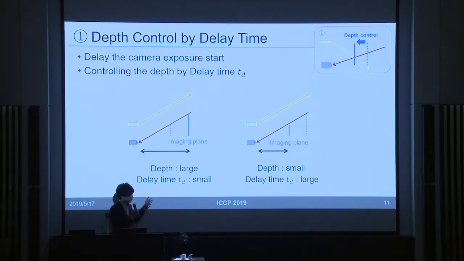As shown in the left figure, the camera starts scanning after a certain time has passed since the projector starts scanning. Then the imaging plane is formed at a specific depth. As shown in the right figure, the larger the delay, the closer the plane is.